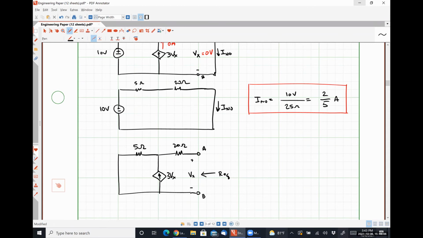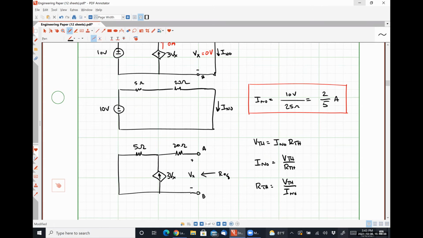So we could say that our Thevenin voltage is equal to I Norton times R Thevenin, or I Norton is equal to V Thevenin over R Thevenin, or R Thevenin is equal to V Thevenin divided by I Norton. That's all just Ohm's law rewritten into 3 different configurations that we can come up with.